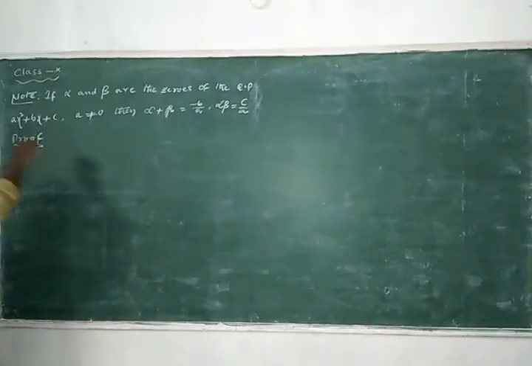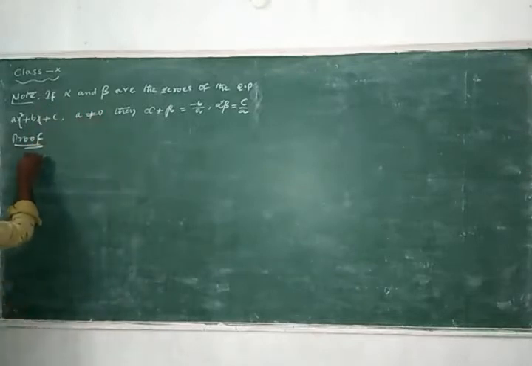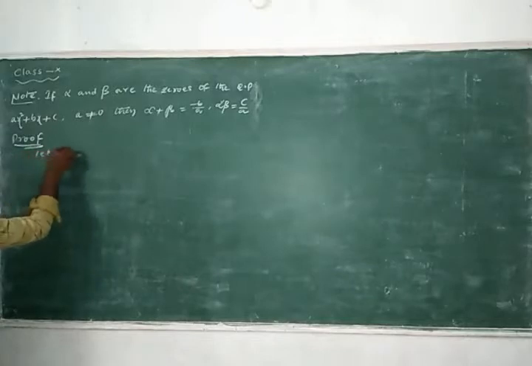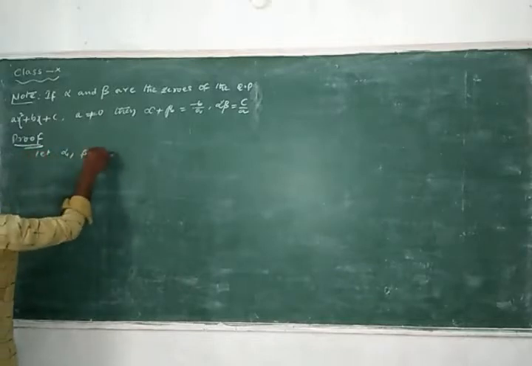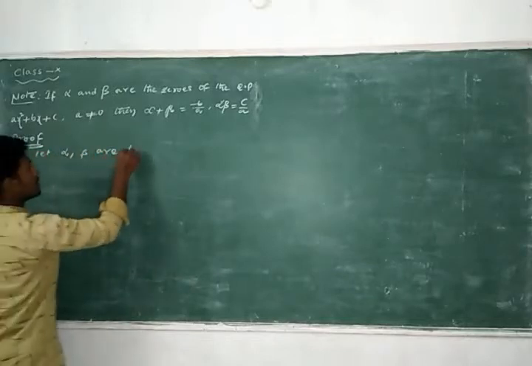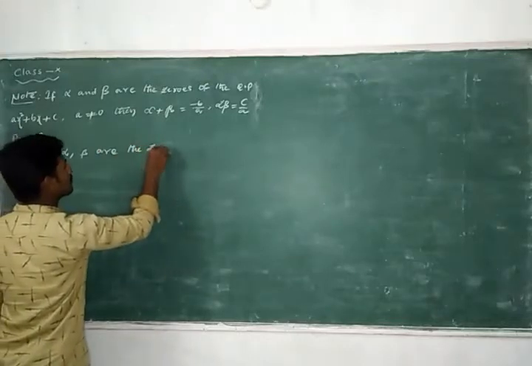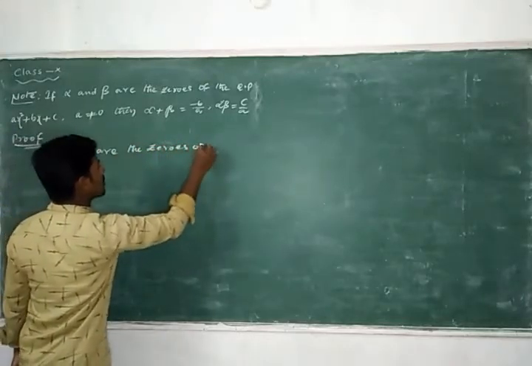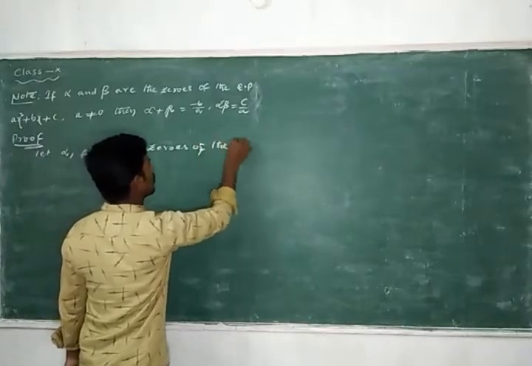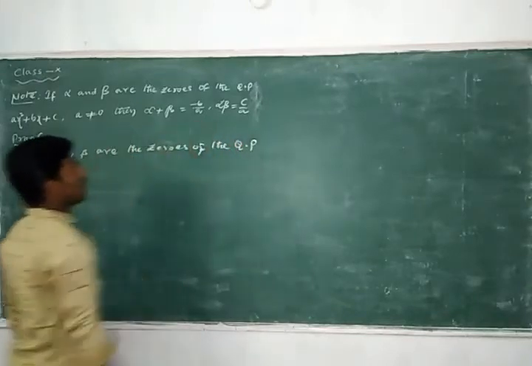So what is the proof? If alpha, beta are the zeros of the quadratic polynomial, let alpha, beta be the zeros of the quadratic polynomial.